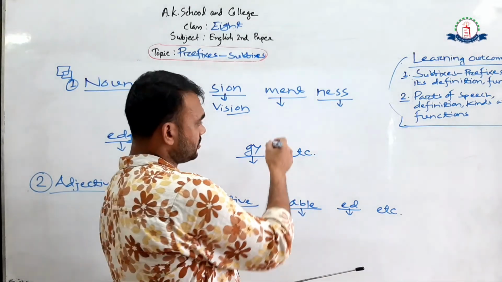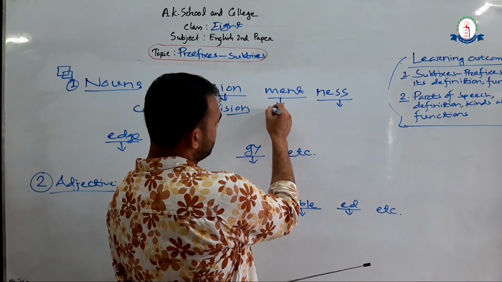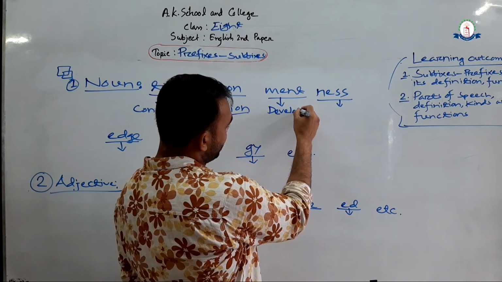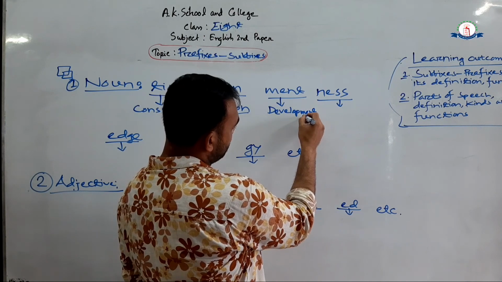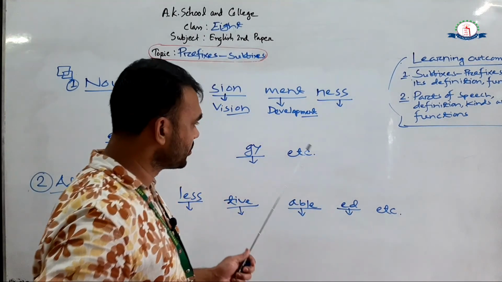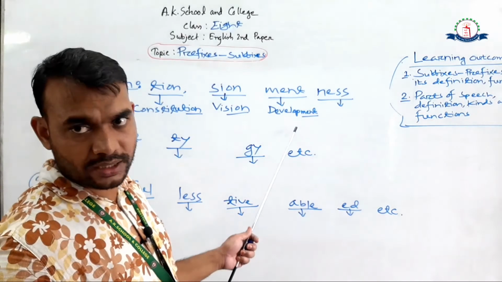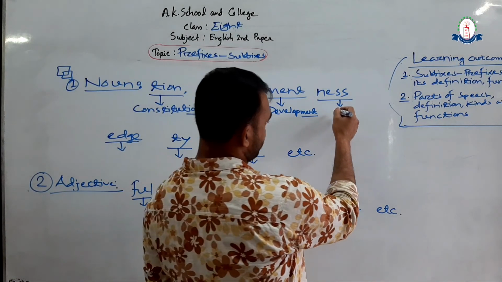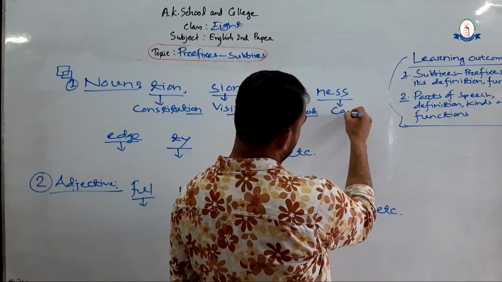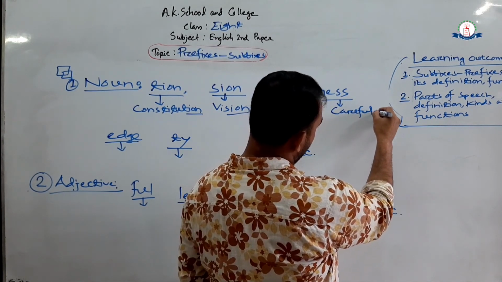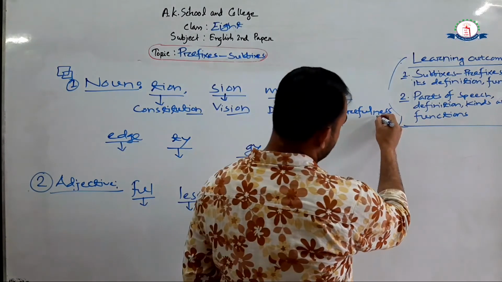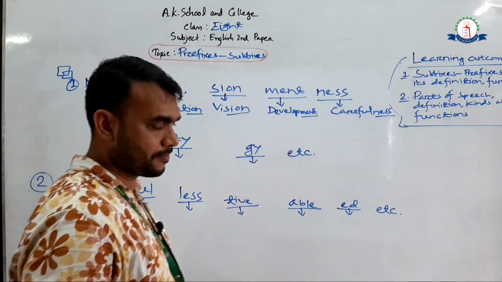Here MENT, so I will take the example development. So here, whenever I use MENT at the end of a word, it becomes a noun. Here NESS, carefulness. So I have written the word carefulness, but here NESS makes the word a noun.